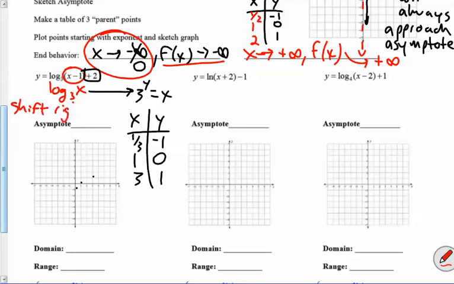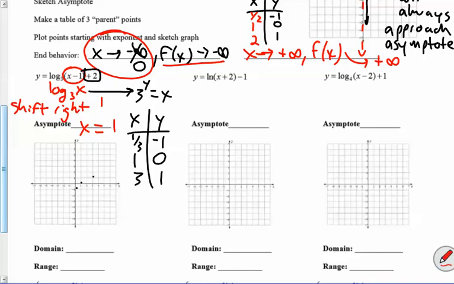So a horizontal shift for a log function is going to determine the asymptote. It shifts right 1, so that means the asymptote is going to be at x equals 1. So you should do that first. Okay, sorry about that. So you plot your asymptote first, find your 3 parent points, and then apply your transformation.